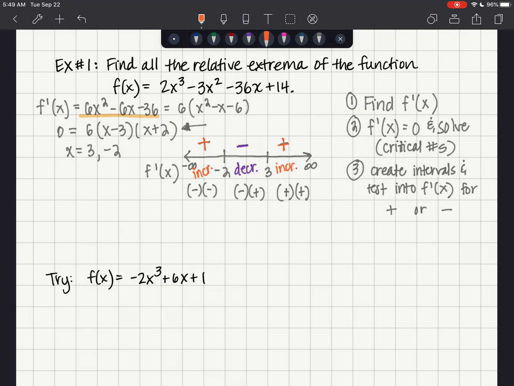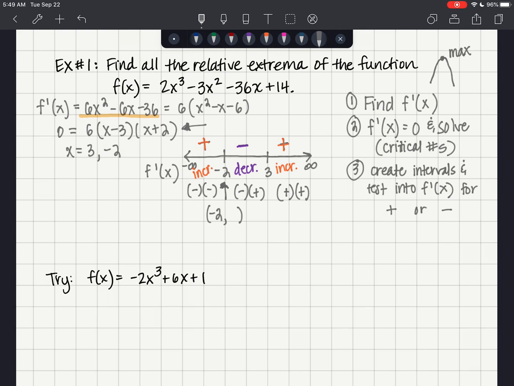So when our graph goes from increasing to decreasing, you can picture it, that's a max. A max occurs at x equals, I'm sorry, negative 2.